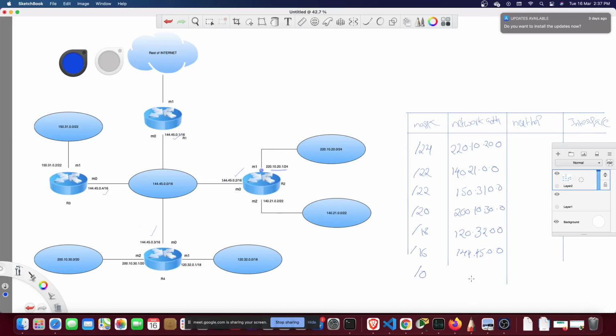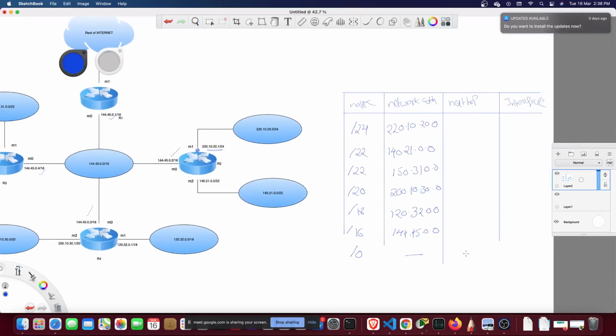What is the network? We don't know what the network is. And the next hop, we will write interface and next hop. Here, this is for R2.